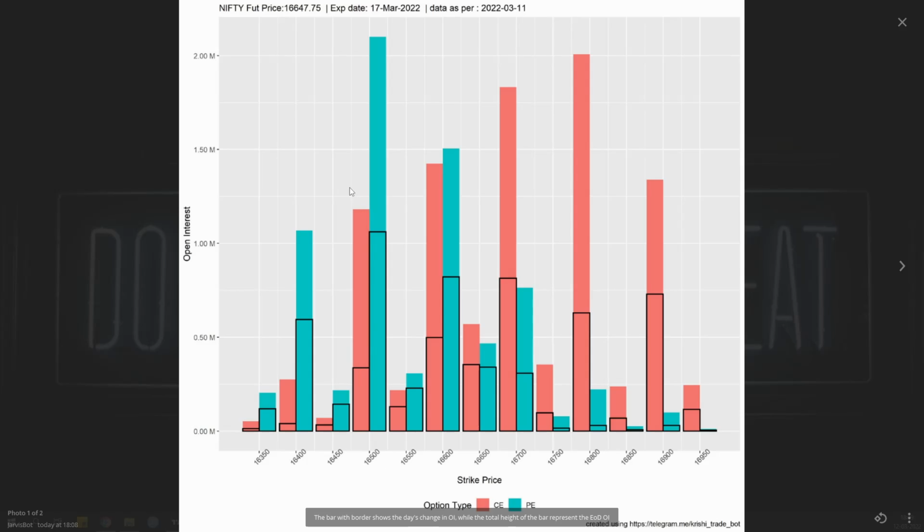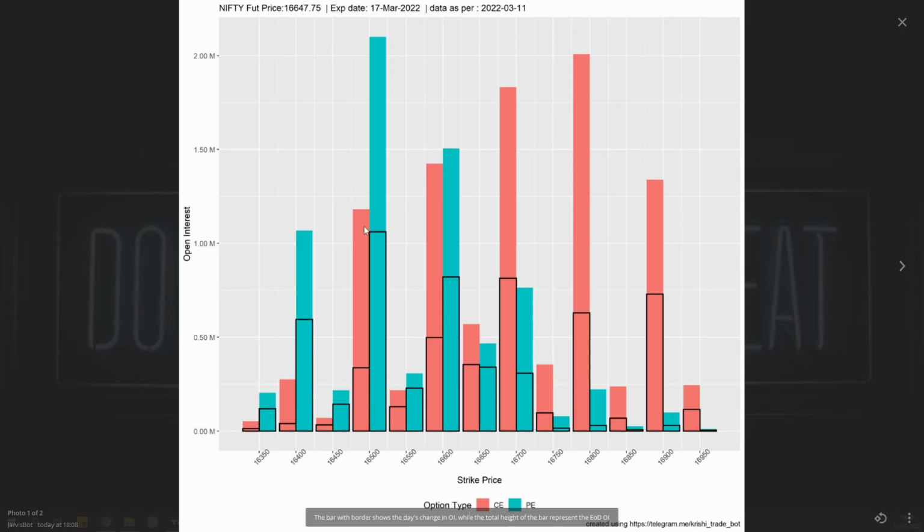The end of day open interest of the call option at 16,500 is around, let's say this is 1, this is 1.5, this is 1.25, so it is close to 1.2 million, of which nearly, this is 0.5, this is 0.25, and this is slightly above, nearly 0.3 million call option open interest has been added on this particular day, that is 11/3. So this is how we read the data.